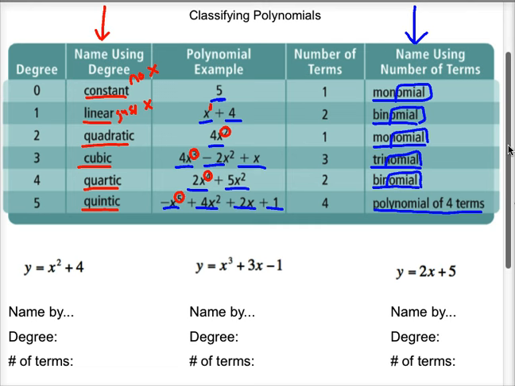The name by degree has less consistency to it, but again, you've heard those words before. We spent an entire chapter on quadratics. You learned linear things for years. So it's just recognizing how to name these, okay? So when you're doing your practice work, I'd recommend have this table out just so you can kind of help yourself along the way, refresh your memory on those terms in case you forget.